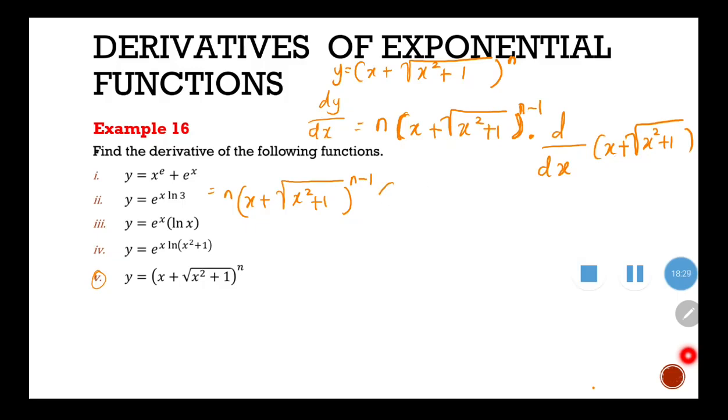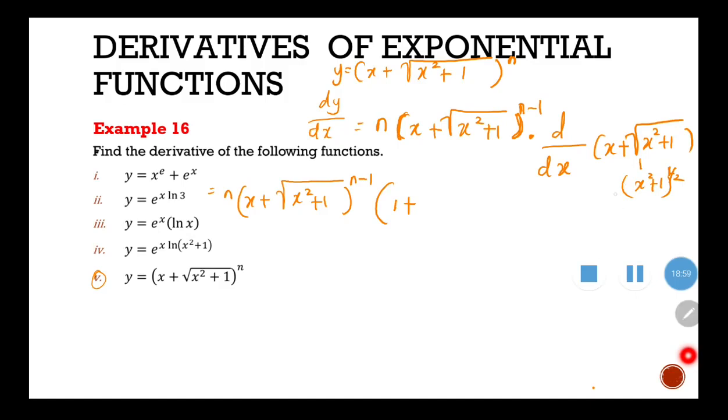The d/dx of x is 1, and then the d/dx of the square root of x square plus 1 is, I think we should do it here. The square root of x square plus 1 is also equal to x square plus 1 to the power of 1 over 2, right?